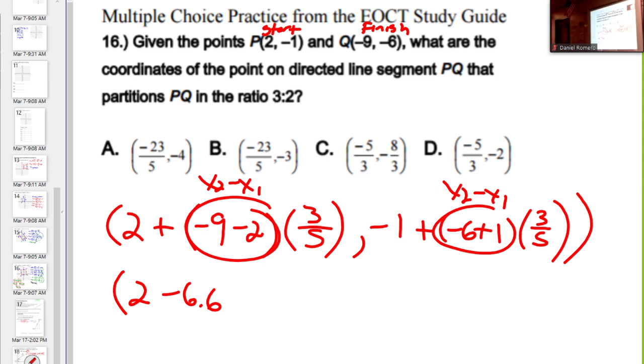Times 3 and then divide by 5. And then it's minus, because this was a negative times a positive. Comma, -6 plus 1 is -5. Times 3 is -15. Divided by 5 is -3, so -1 minus 3.